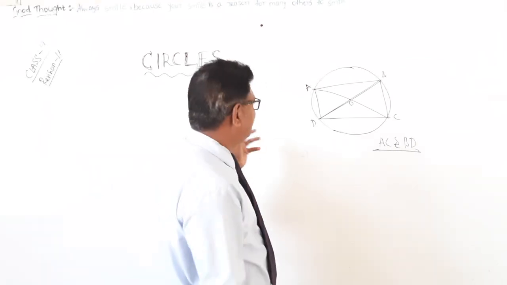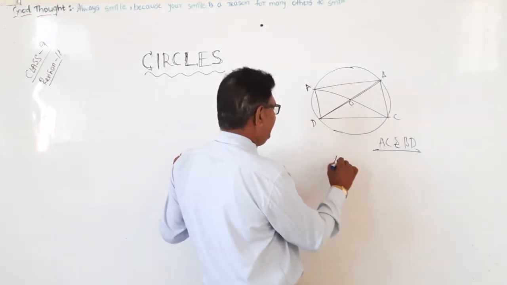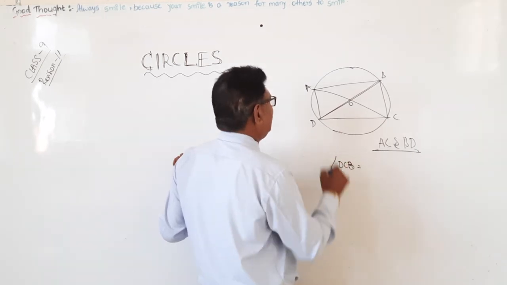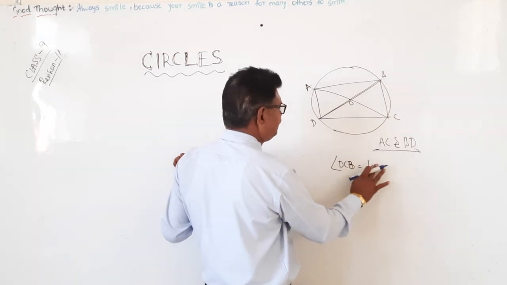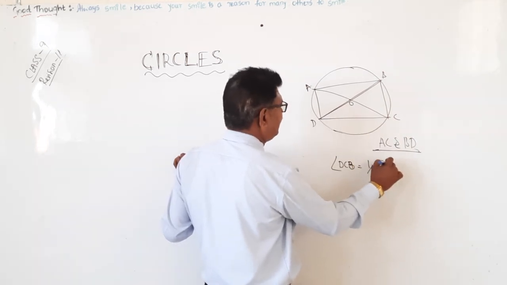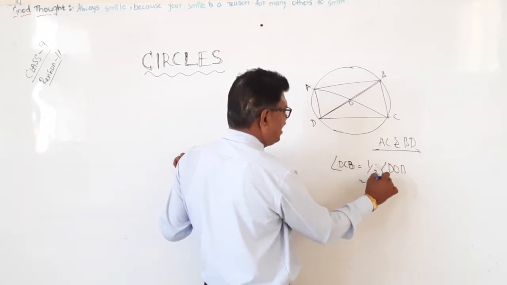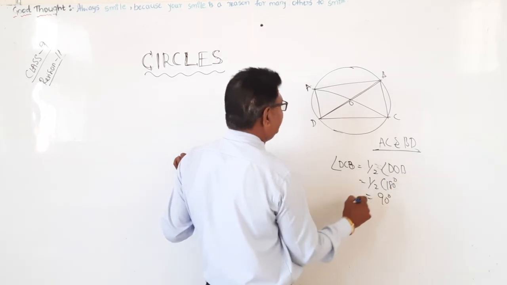Now we know that angle DAB is equal to half of angle DOB, which is half of 180 degrees, which is 90 degrees.